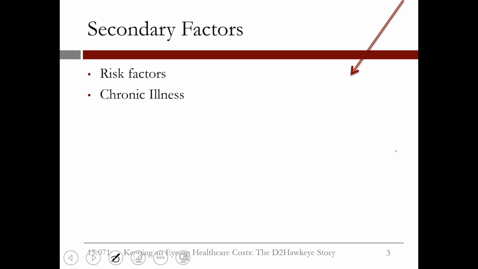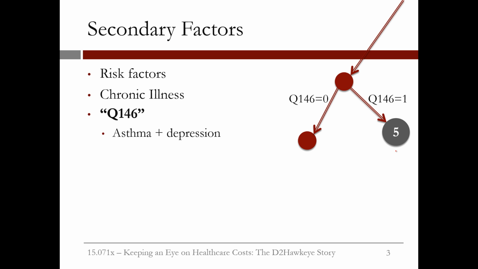As the tree grows, the secondary factors utilized later in the classification tree involve various chronic illnesses and some of the medical rules we discussed earlier. For example, whether or not the patient has asthma and depression. If it has asthma and depression, then it's bucket 5.